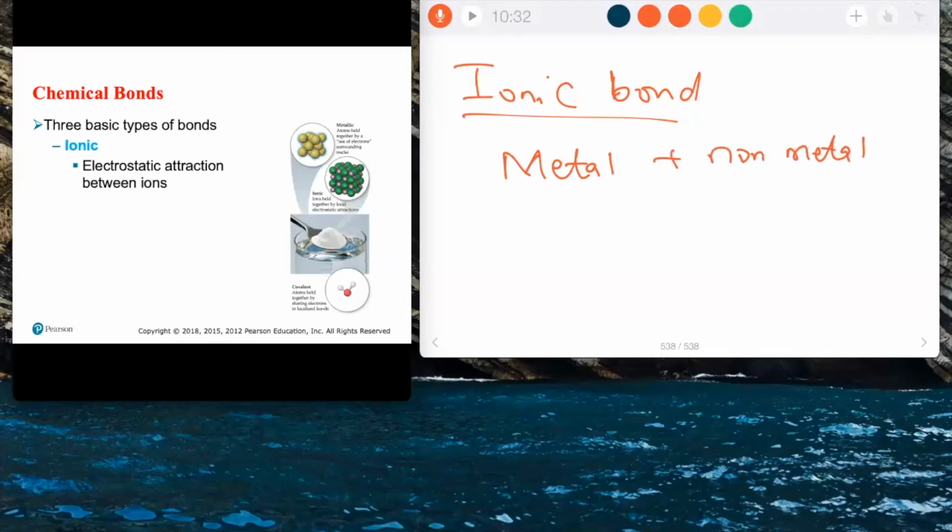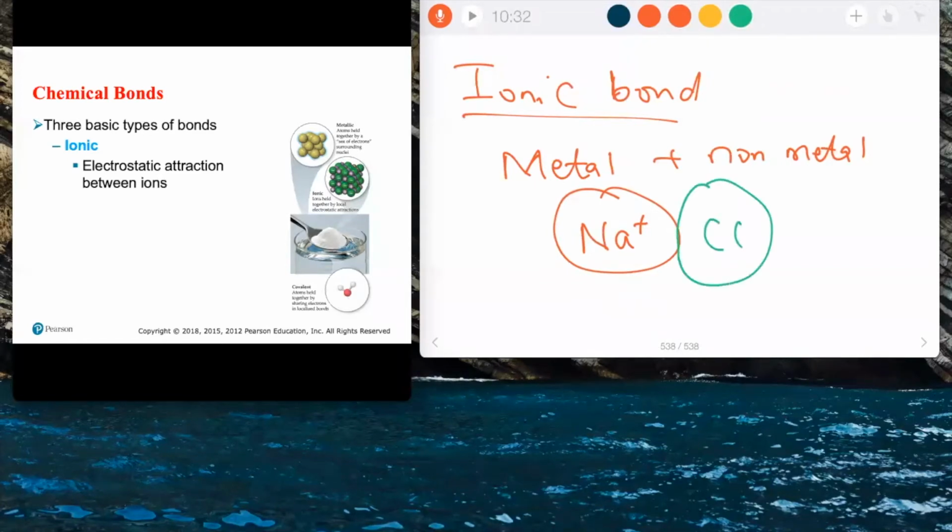And what this means, transfer or electrostatic force of attraction between ions, this means cation, not necessarily sodium, but any positive and negative force of attraction leads to what we call ionic. This is cation. We looked at earlier on cation, and this is anion.